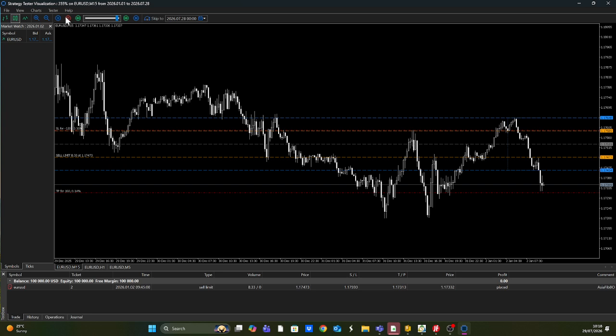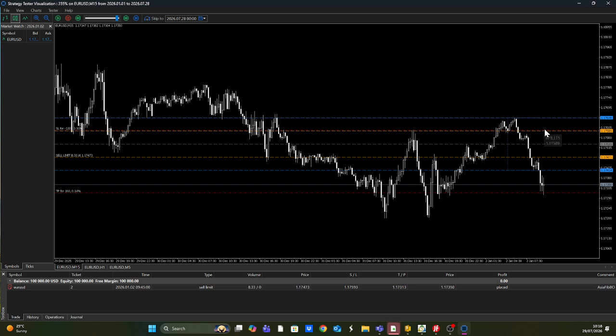So basically what this strategy does is it will get the high and the low of the Asia session, and when it breaks out the high, or if it breaks out the low, it will retrace, and at the 75% of the Asia session it will set a limit buy over here.